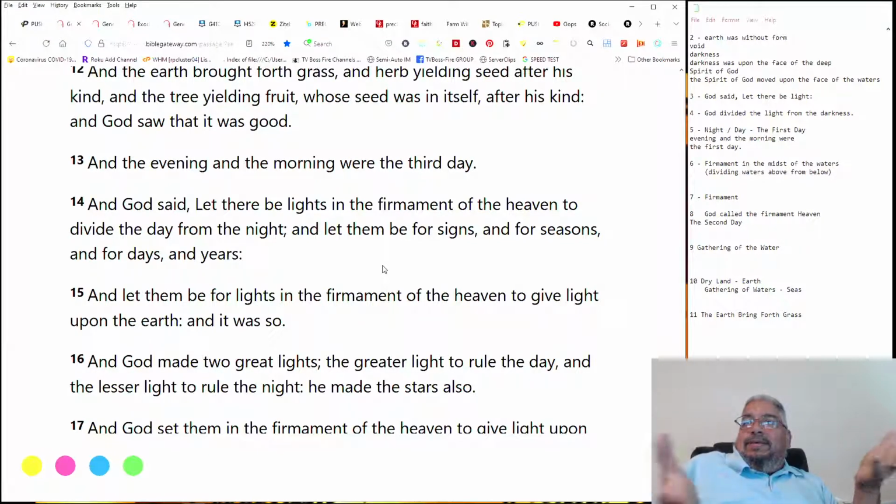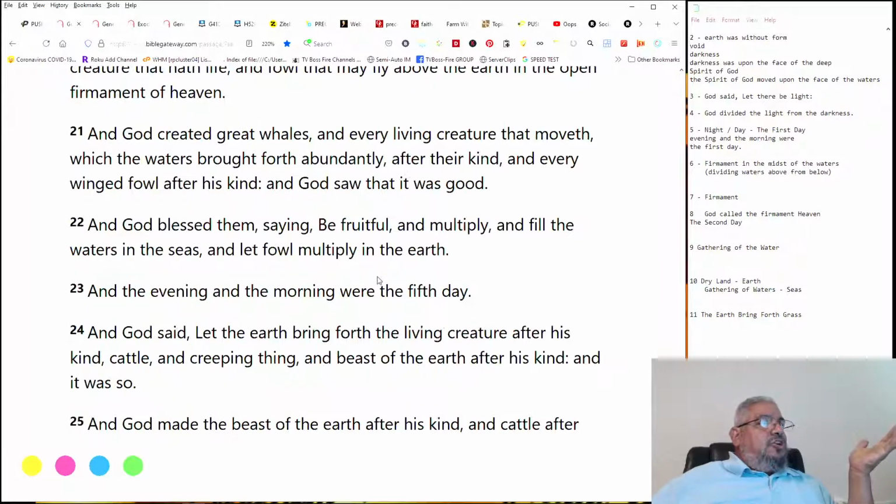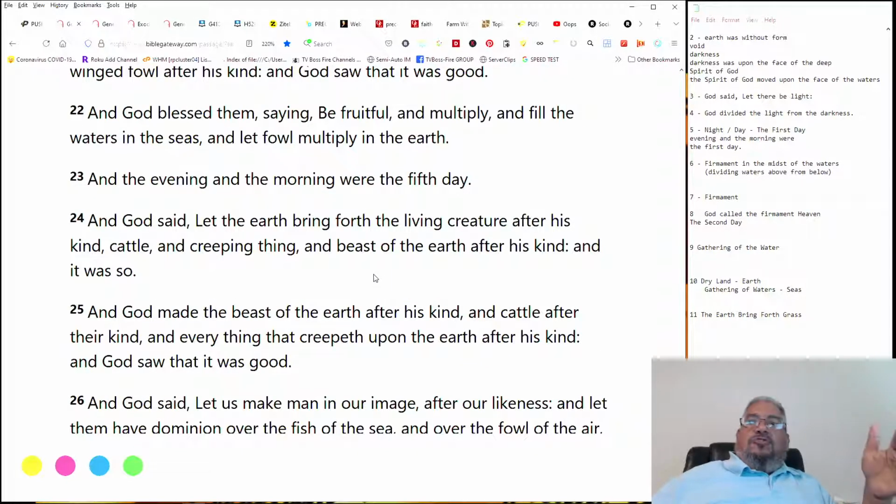Any baby starting astronomy 101 learns that. So that is light. We call it light. So, again, some people just are not thinking.